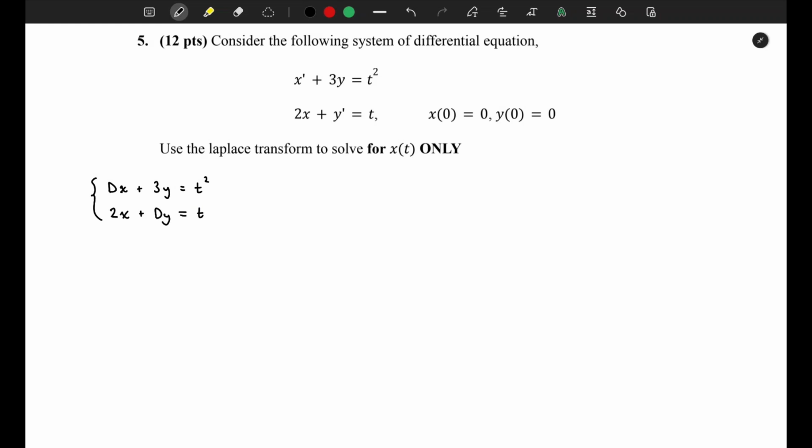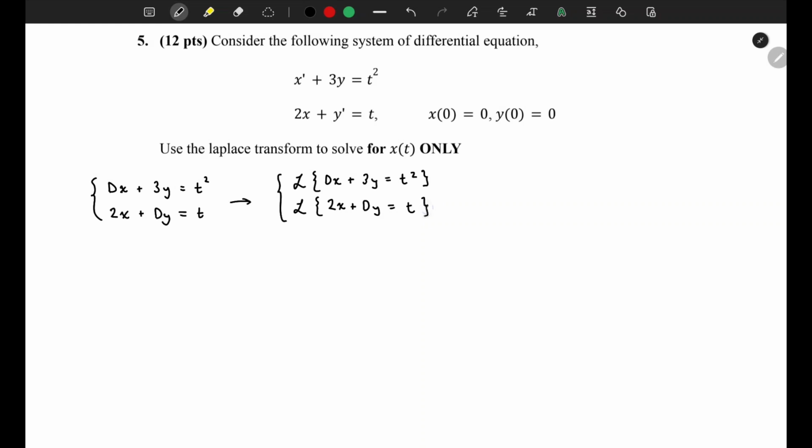So what we have to do now is take the Laplace of this. If we take the Laplace of both of these equations, let's write that down. So we're taking the Laplace now of Dx plus 3y is equal to t squared, and then we're taking the Laplace of the second equation as well, 2x plus Dy is equal to t.